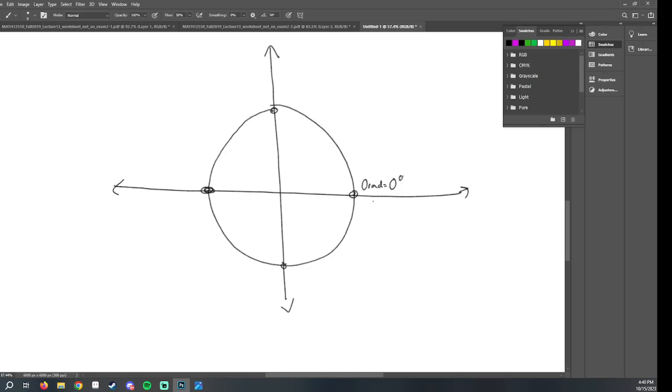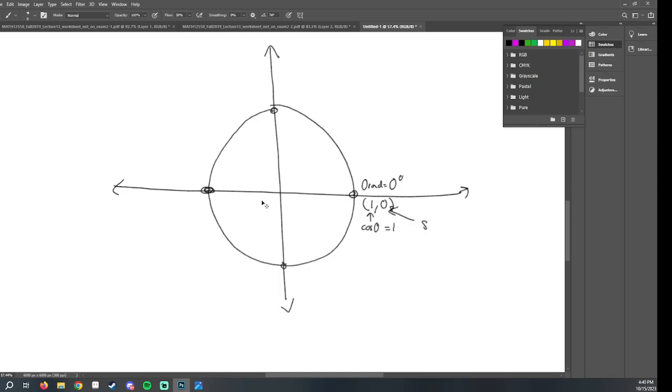And the coordinates of this point are 1, 0, meaning that the cosine of 0 equals 1, and this means that the sine of 0 equals 0. Does that make sense? Because remember, the point's coordinates are the cosine and sine of the angle, the point created with an angle that has a terminal side in that direction, right?